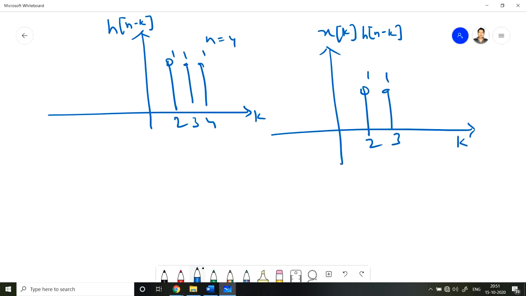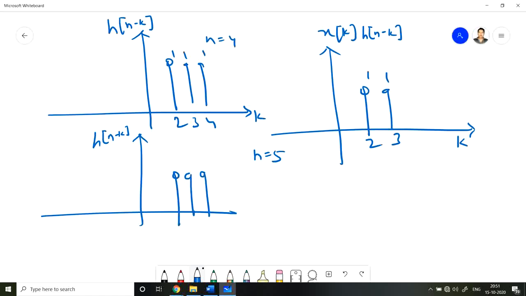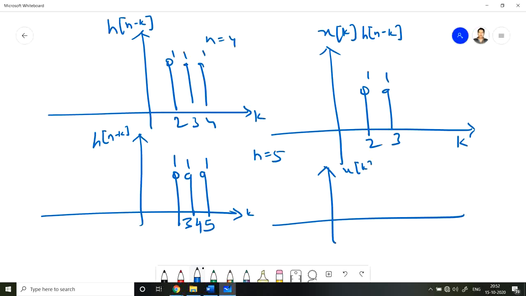Now for n equals 5, h[n minus k] is nonzero at k equals 3, 4 and 5, with 1 1 1 respectively, and in the product of x[k] with h[n minus k] we get only 1 point, at k equals 3.